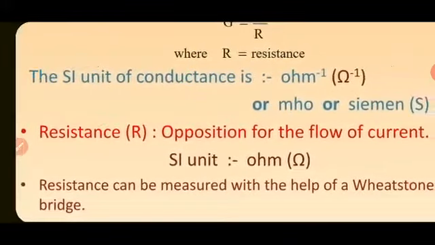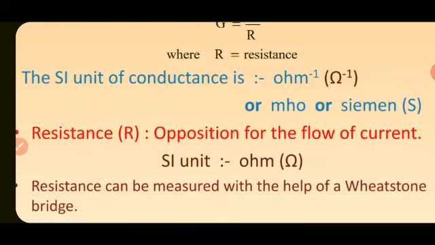Resistance can be measured with the help of a Wheatstone bridge, which you will study in detail in physics. If you want, it is given in detail in the textbook, but for the theory exam it is not required. How to measure resistance is not required.